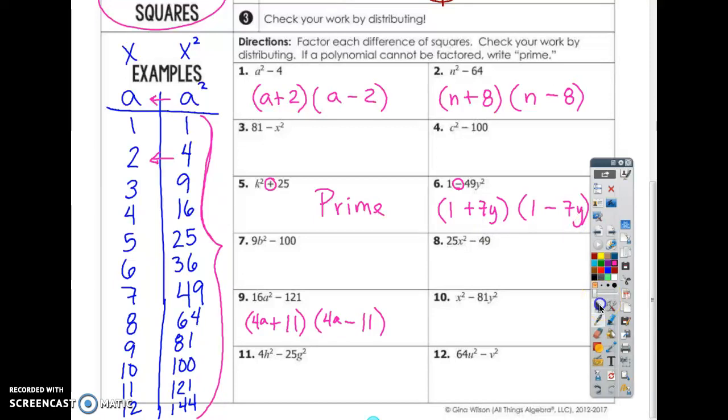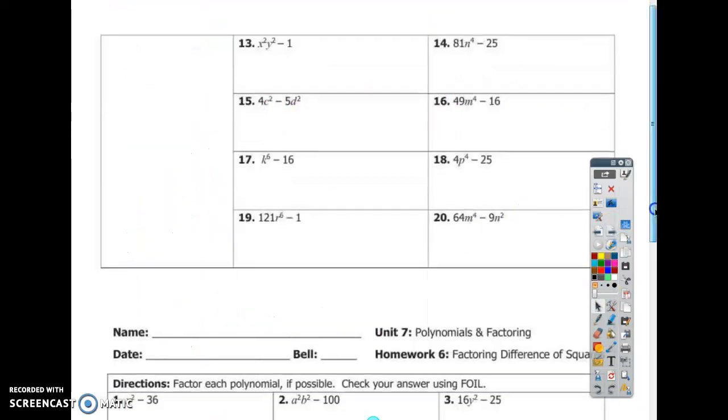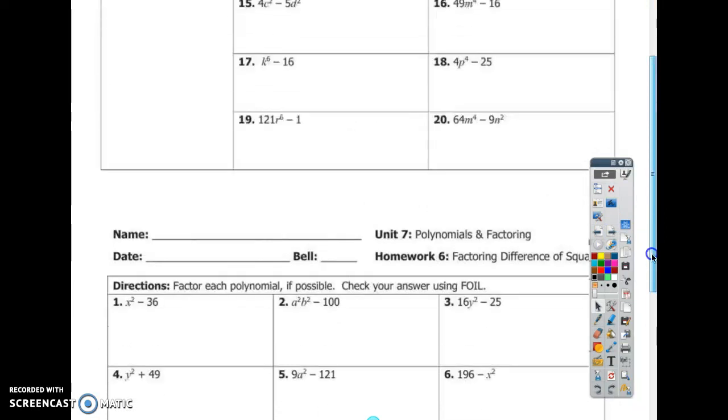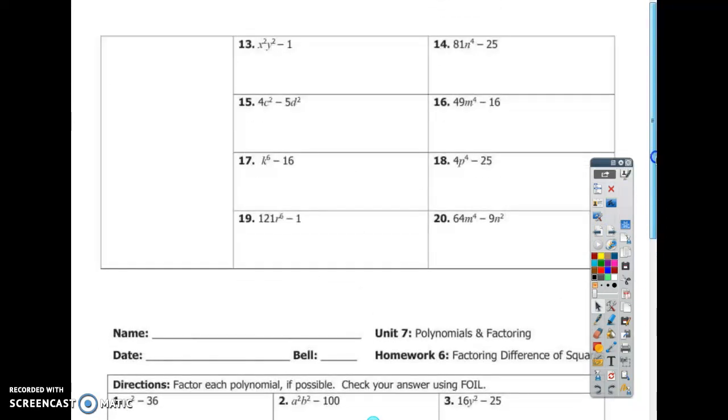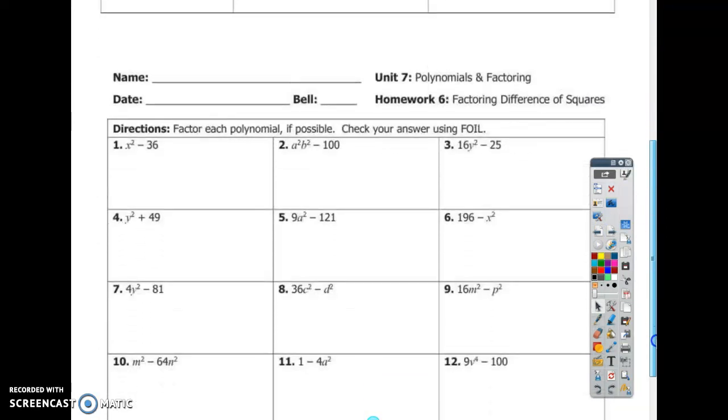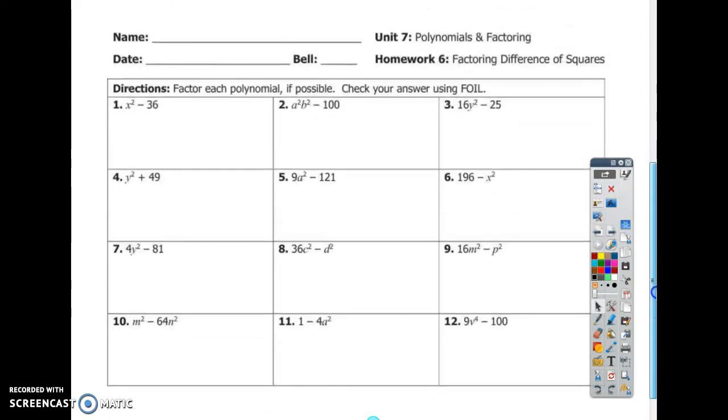Okay? So you're going to finish the whole front and the back. And there's an assignment in Schoology for these problems in the back. 1 through 12 in the back at the bottom are in Schoology. That means you have to put the answers in Schoology.